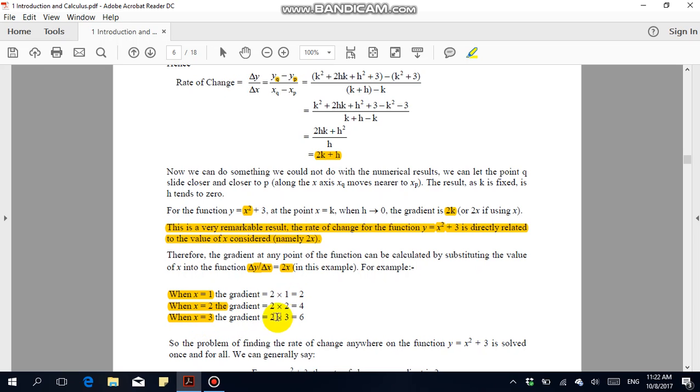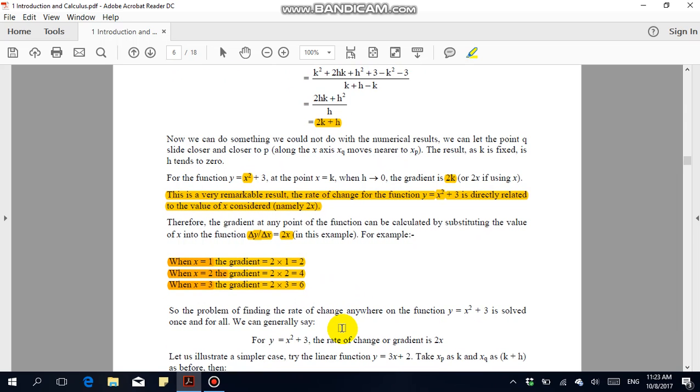And then at x is equal to 3, you substitute the value of x over here, you get 6. So he's trying to show you that when x increases, the gradient also increases. So the problem of finding the rate of change anywhere in the function y is equal to x squared plus 3 is solved once and for all.